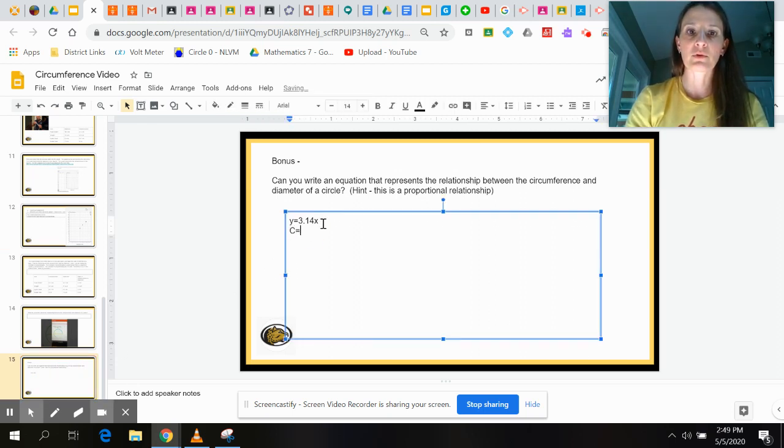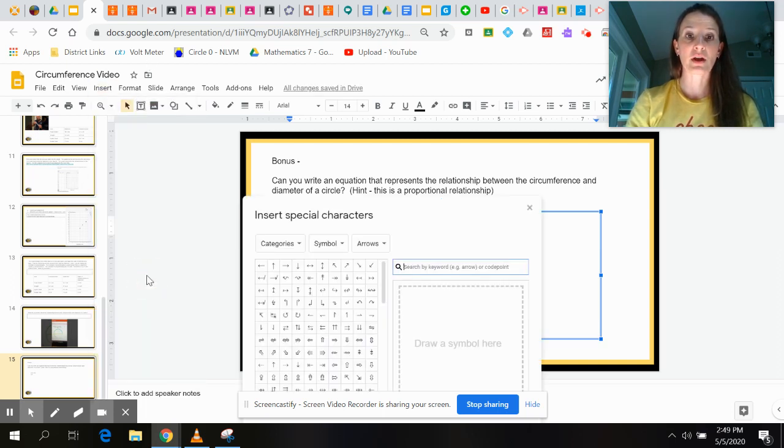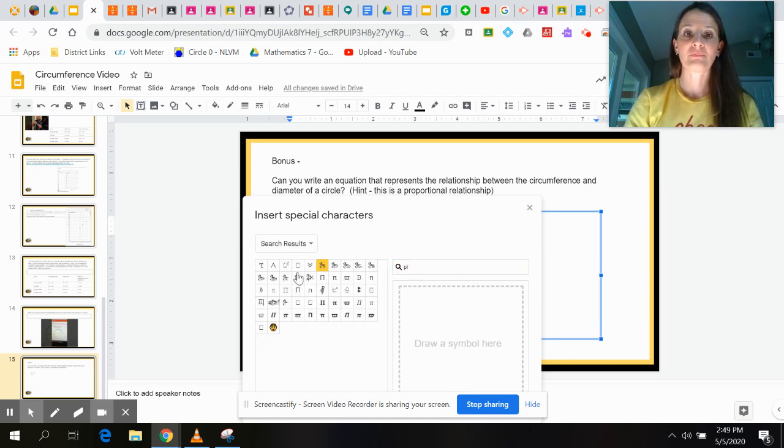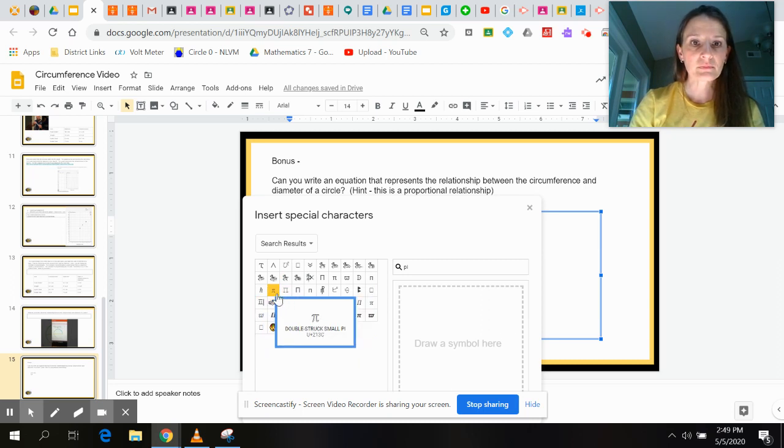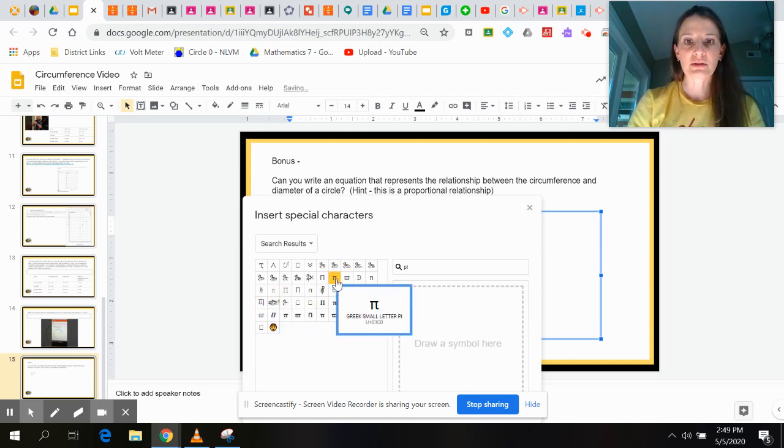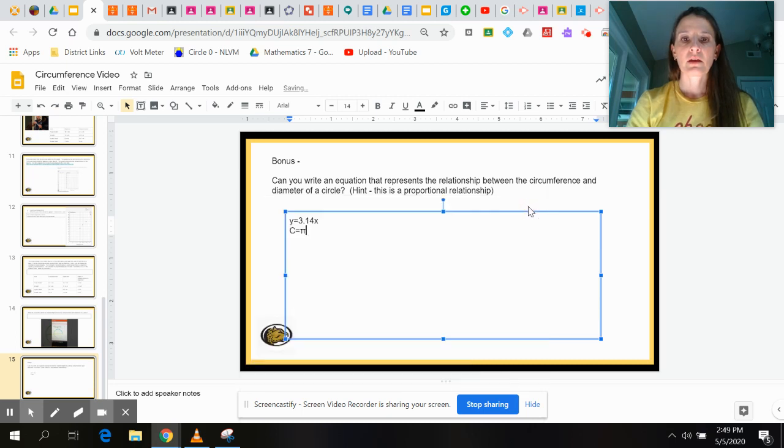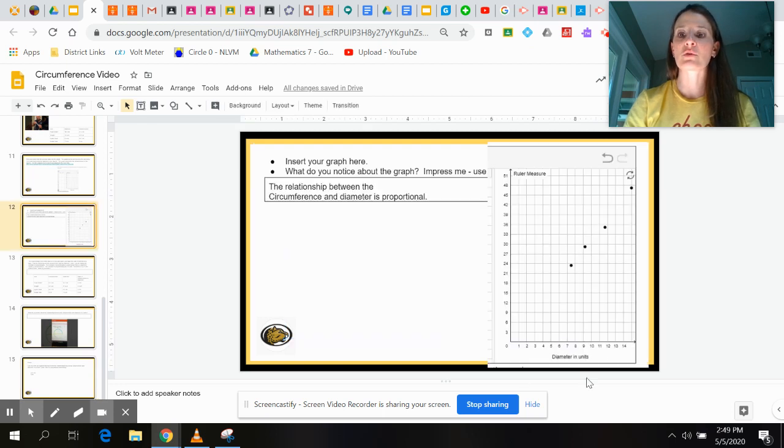So c equals, we know that 3.14 is pi, so let's go to our special characters. And pi is spelled P-I, not P-I-E. The pie we eat is P-I-E. This is just pi. Let's see, I like this one. This one looks pretty good. So circumference is equal to pi times, and in our graph, on our coordinate plane, our x-coordinate was diameter.